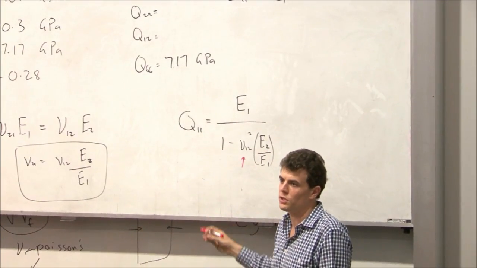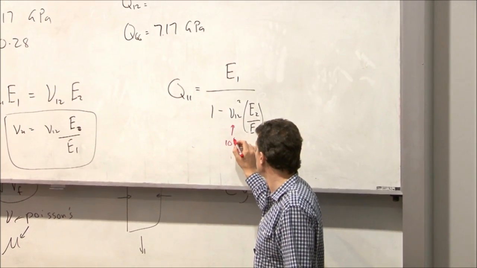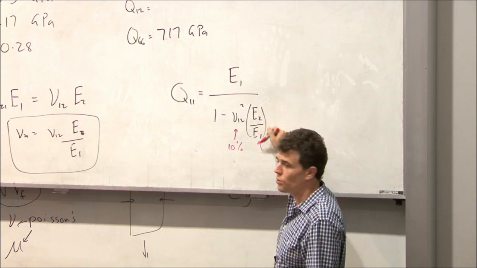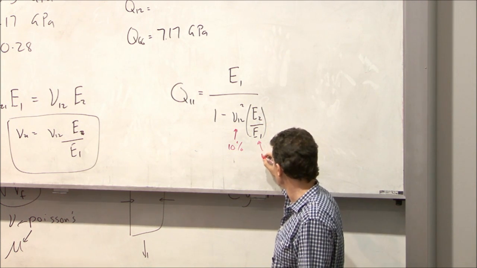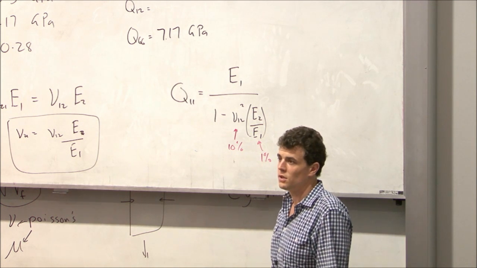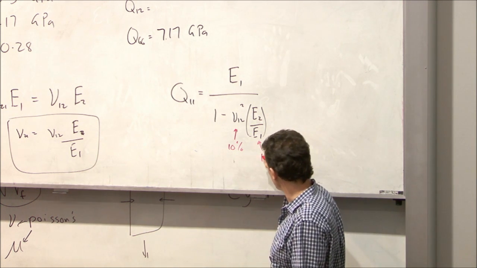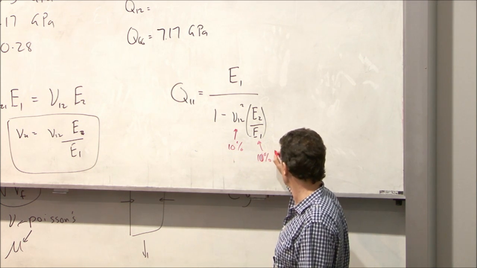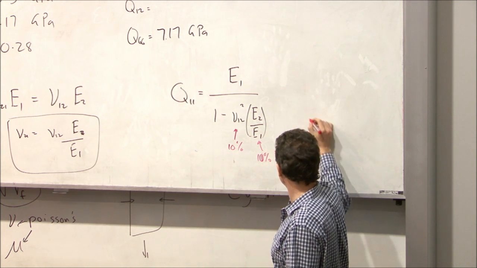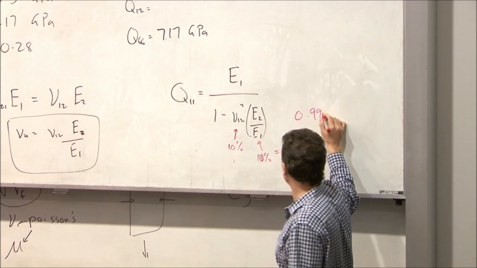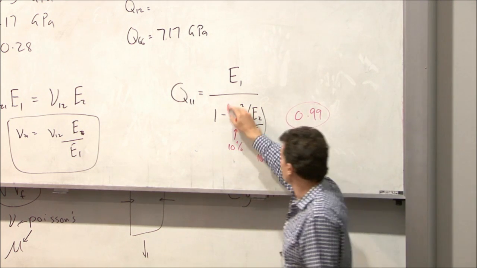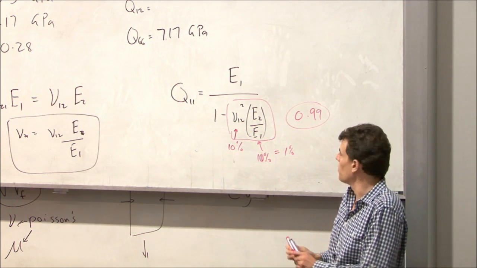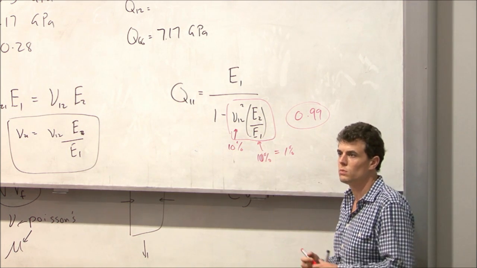When you square 0.3, you get 0.09, so this is like 10%. And then here you've got E2 over E1, which is about 1%, or maybe a bit more than that, 10% say. So you've got 10% times 10%, that's about 1%. So on the bottom, you've really got something that's about 0.99, so this term really doesn't add up to much for this particular composite. For most carbon fibre, that term is pretty small.